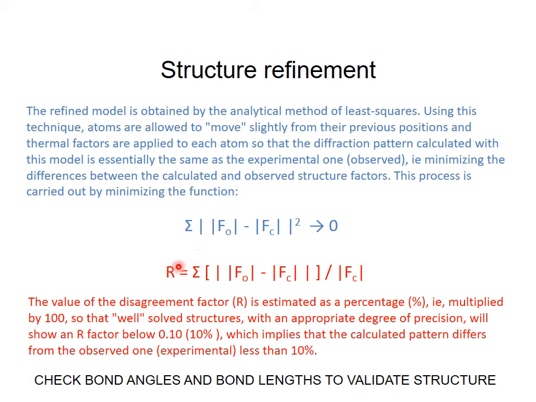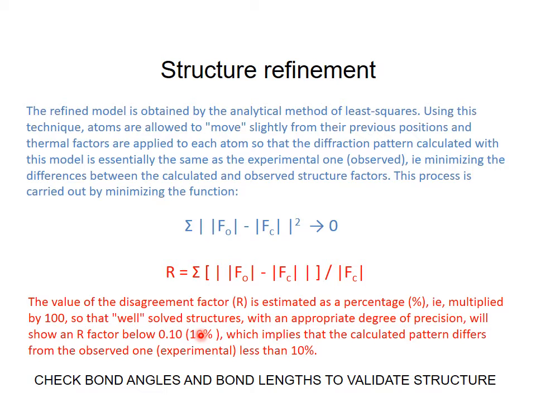When the R value is sufficiently small, you can consider your crystal structure sufficiently refined. As a rule of thumb, when the R value is smaller than 0.1 or 10%, your crystal structure is sufficiently refined.